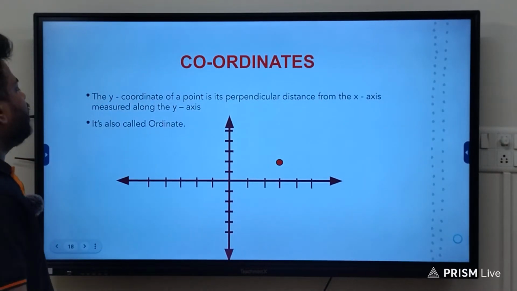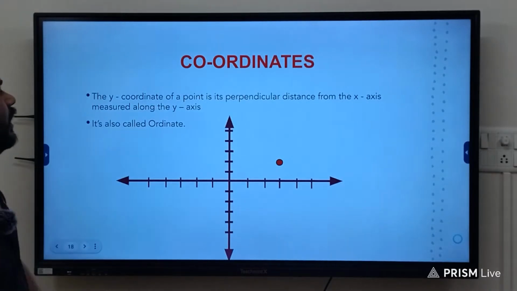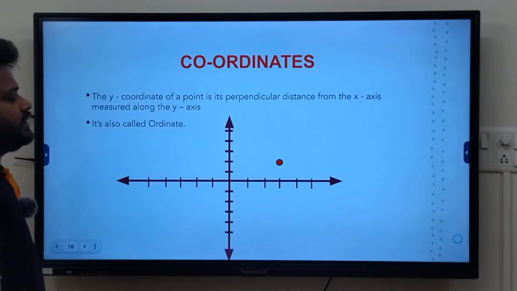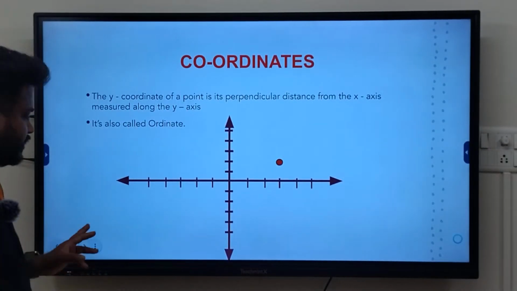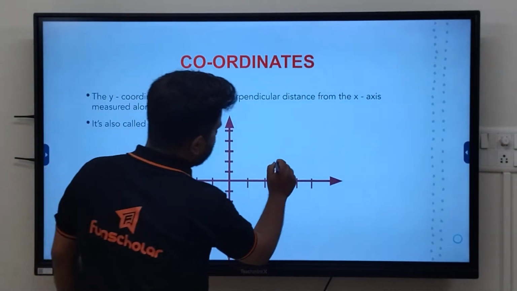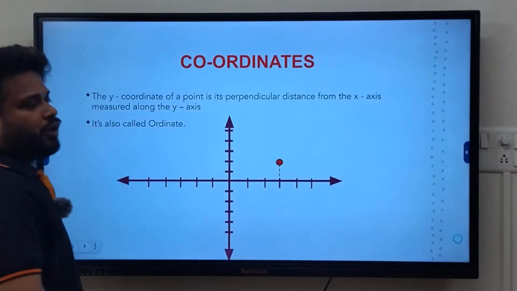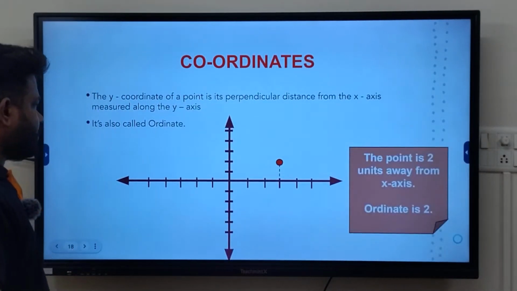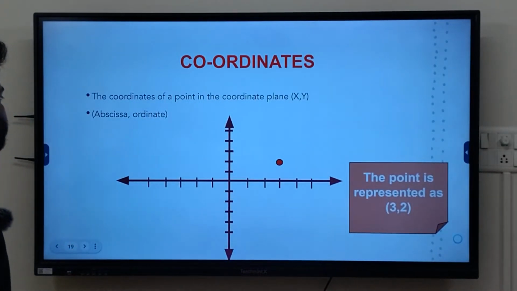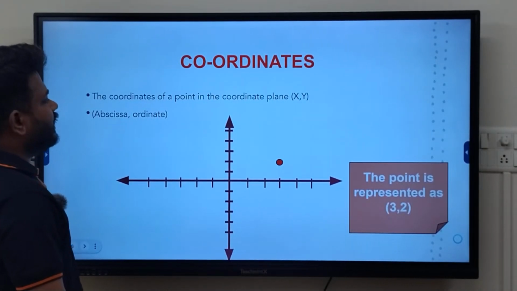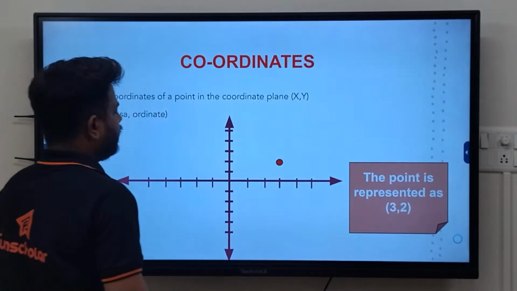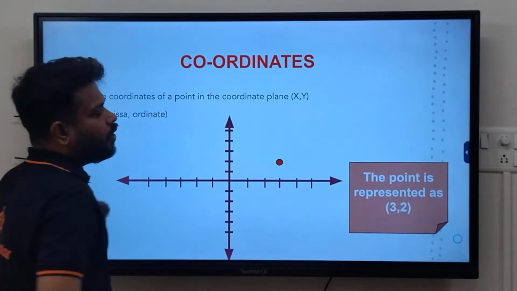The y coordinate of a point is its perpendicular distance from the x-axis measured along the y-axis. It is also called the ordinate. Now tell me what distance it will be. It will be the distance from the bottom to this point. Similar to the previous one, the coordinates of a point x comma y will be 3 comma 2, where this one is the abscissa and this one is the ordinate.